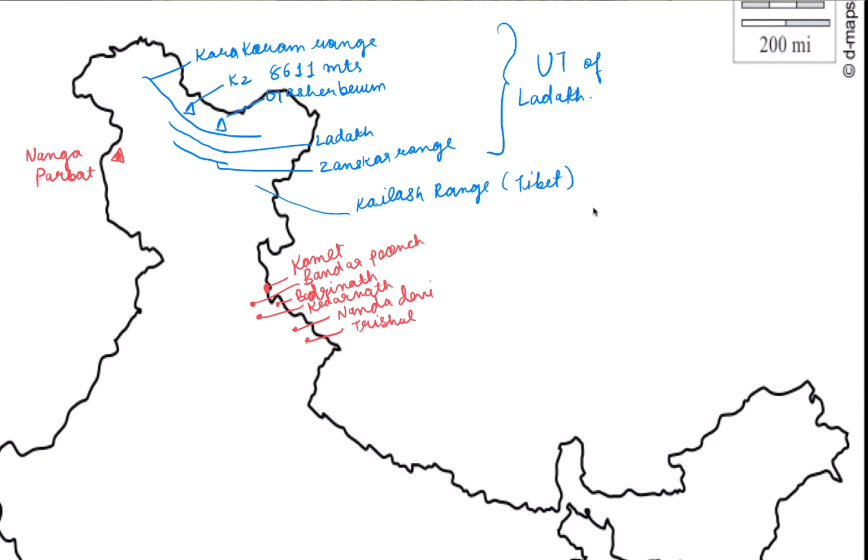So immediately moving on to Nepal. In Nepal, there are several important peaks of Greater Himalayas, starting with Dhaulagiri. Then there is Annapurna.